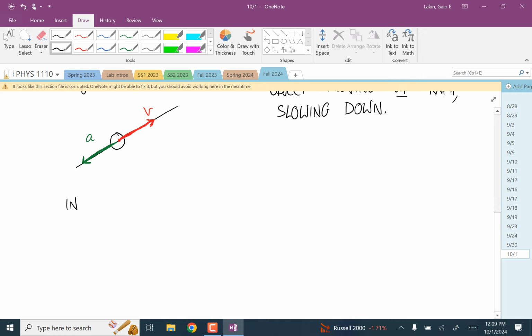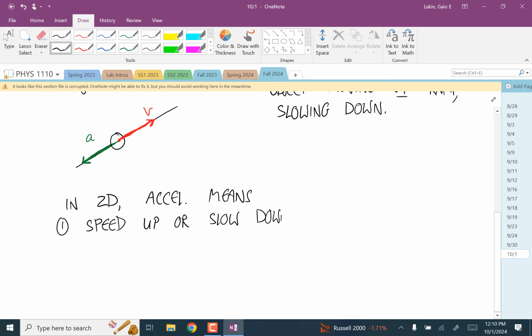Okay, in 2D, acceleration can mean two different things. One of those things is speeding up or slowing down. It means speed change. But what's the second thing that it can mean in 2D?